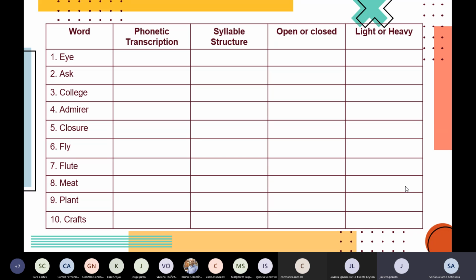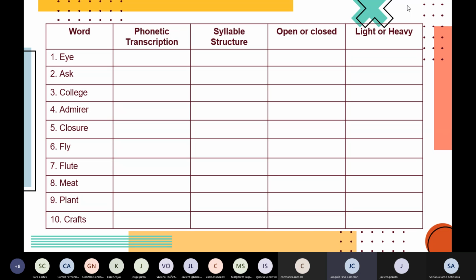Don't worry. Next we have number 9. Can Joaquin Pino tell me the answers, please? Yeah, it's consonant, consonant, vowel, consonant. Okay.